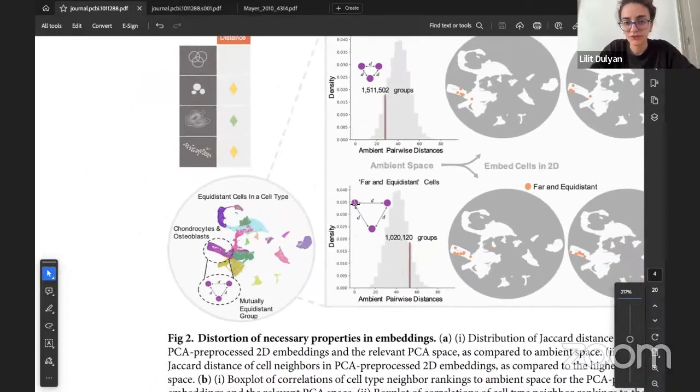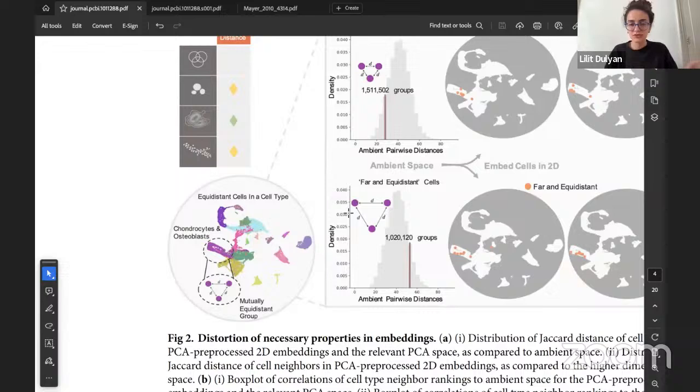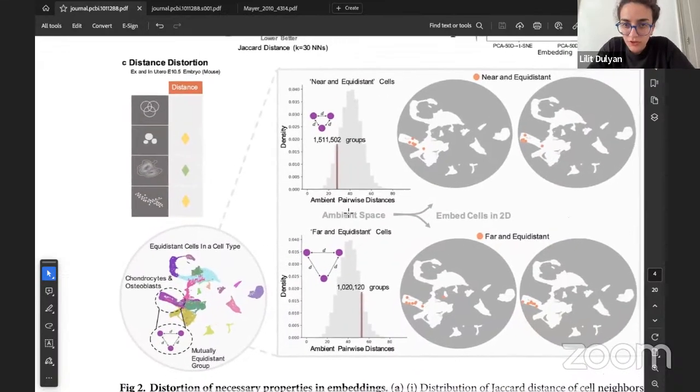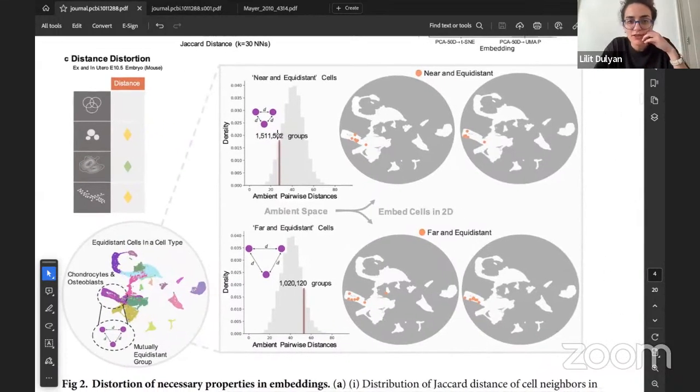For example, this cell has the same distance between this and this, and between this and this one, okay? So they're equidistant. And within those equidistant cells, they divided them into those that are near, where the distance is shorter, and the ones where the distance is far. And then they say, let's now see where those dots are located in the embedded space.